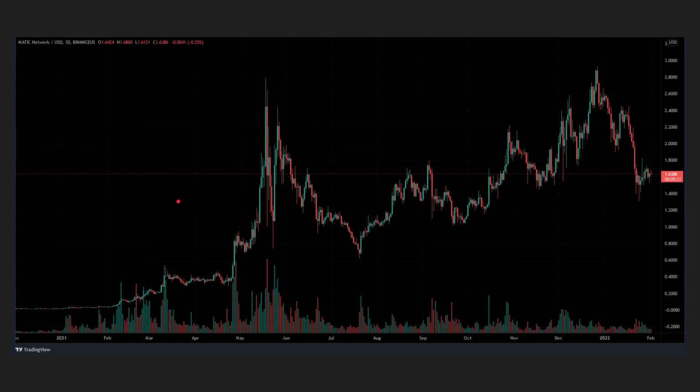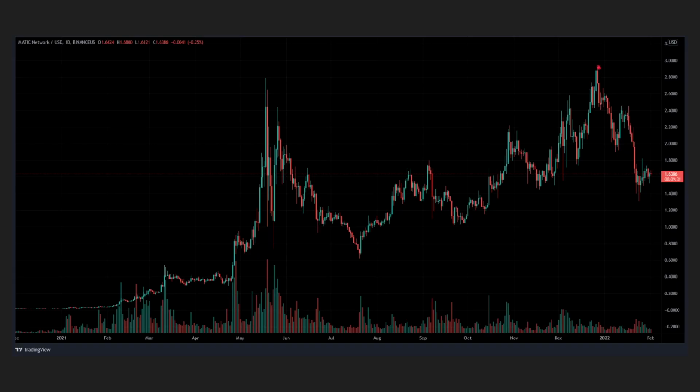Now here's Matic's price performance throughout 2021. So similar to Ethereum, we do see an overall dramatic price increase into May from January, a resulting downtrend rather severe into late July, where we finally see a reversal to the upside.